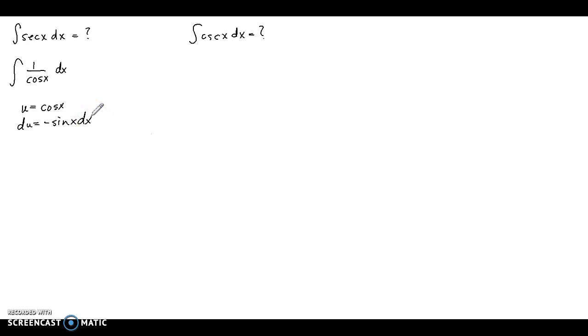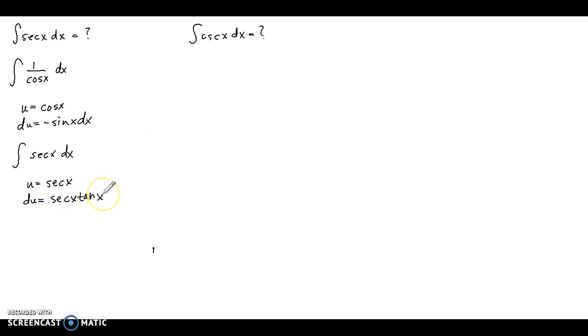So the next thing we can try is to go straight at it. Secant x has a secant in it, and I know that if u were to equal secant x, then its derivative would be secant x tangent x.